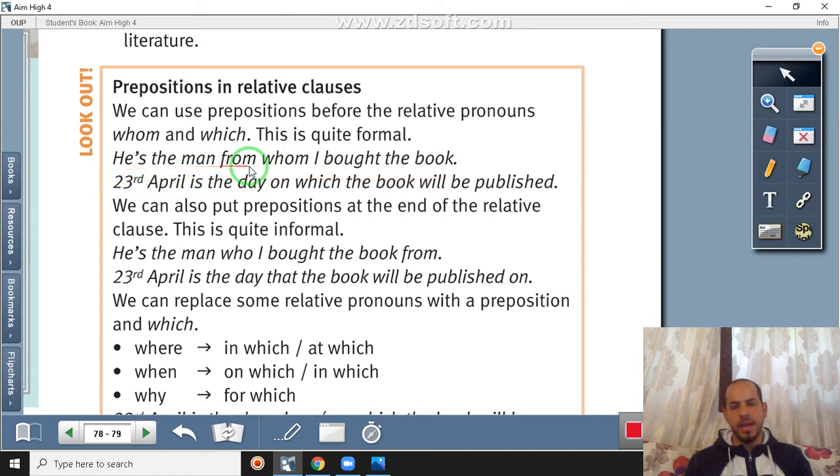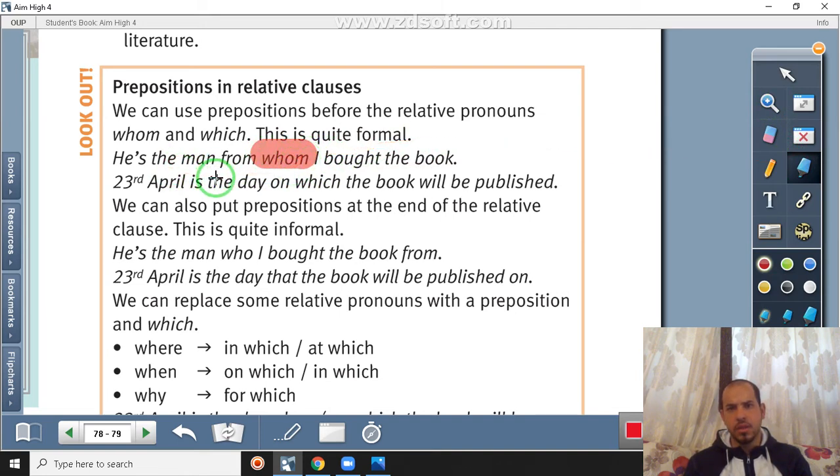So this is the relative pronoun whom, that refers to a person and the object, because I bought the book from the man. I is the subject, the book is the first object, and the man is the second object. And whom refers to the man. The man from whom I bought the book.